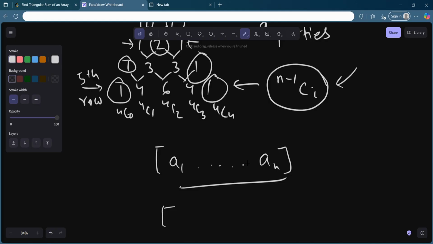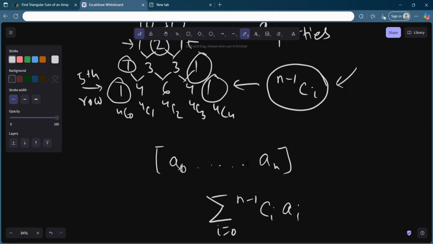Let's say n minus 1 Ci. Let's say this is starting with A0. If you consider it like that, your final answer will be the summation of AI times n minus 1 Ci, for I from 0 till n minus 1. So you do understand what I am trying to say.